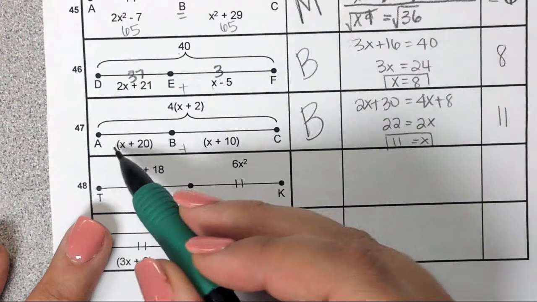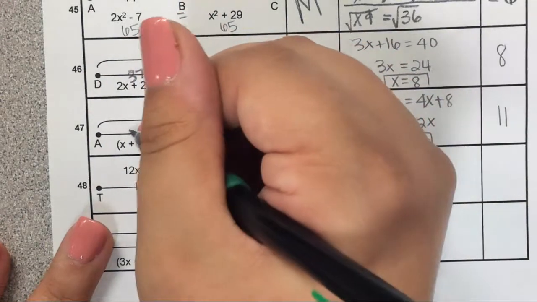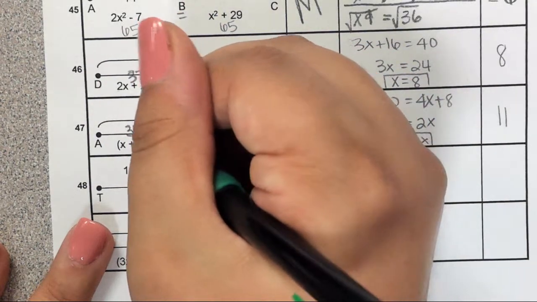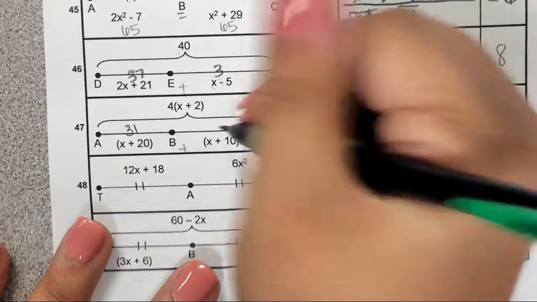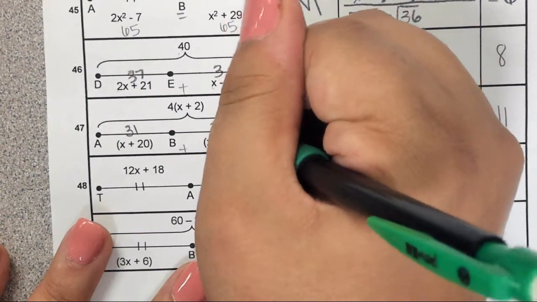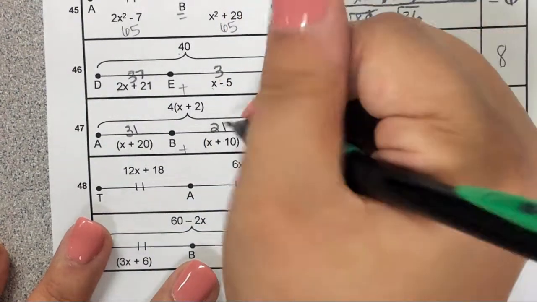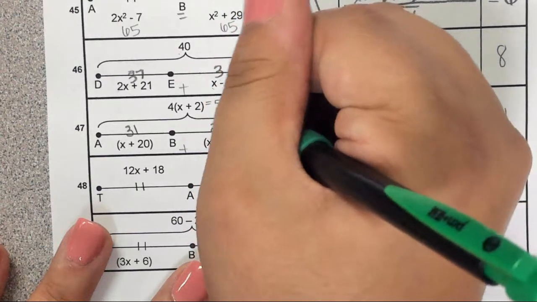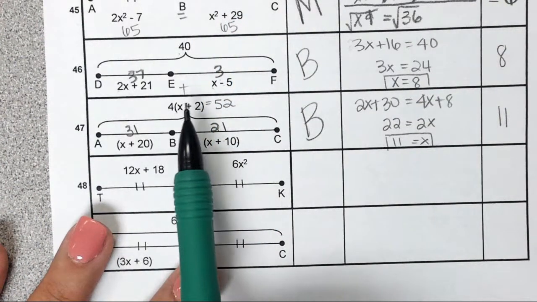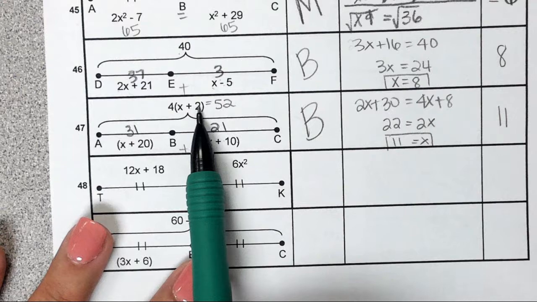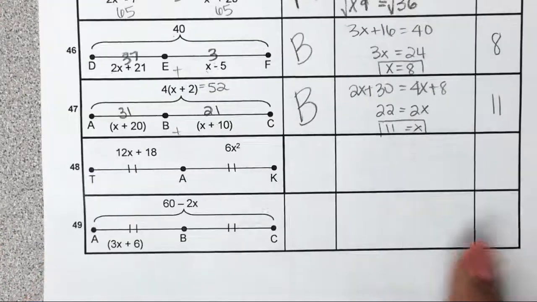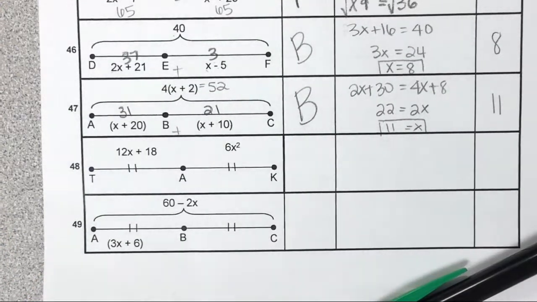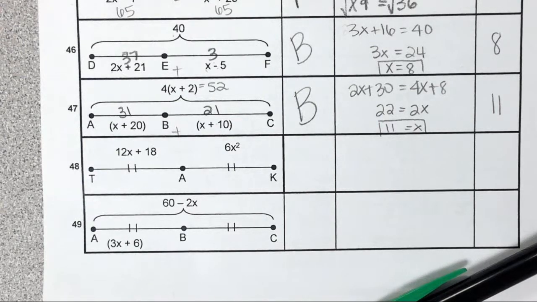And then we can plug in, what's 11 plus 20? What's 11 plus 10? So what should it all add up to? And then 11 plus 2 is, and it's 13 times 4, 52. It is.